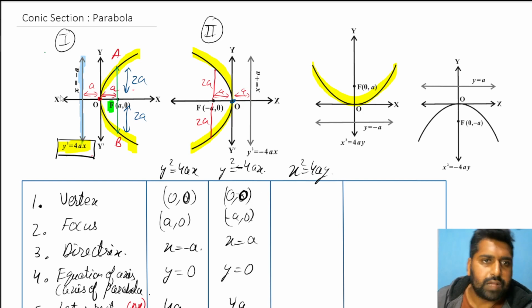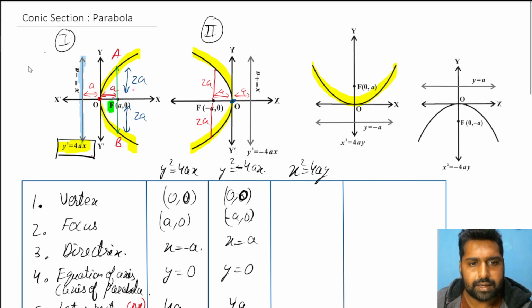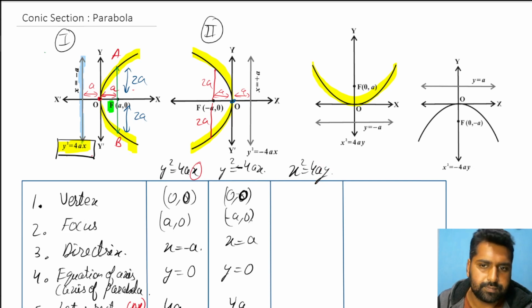How do you know then what kind of shape it will be? I tend to do it like this: which variable has the minimum power? In the first expression, x has the minimum power, so it will be drawn about x-axis. In this one, which one has the minimum power? Y, so it will be drawn about y-axis.